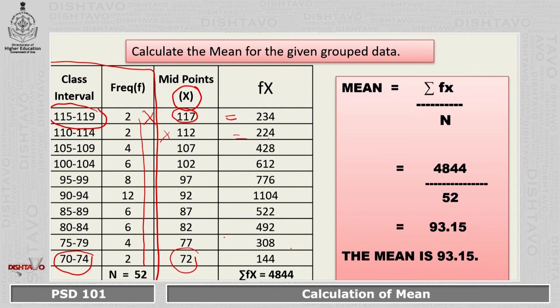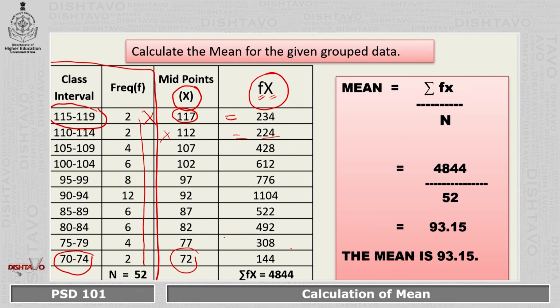Again, you get the value 224. Like that, each of the midpoints has to be multiplied by its respective frequency. So that becomes your second step in finding fx. Please note, f refers to frequency and x refers to the midpoint of class interval.